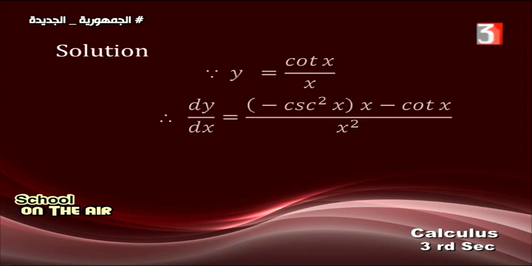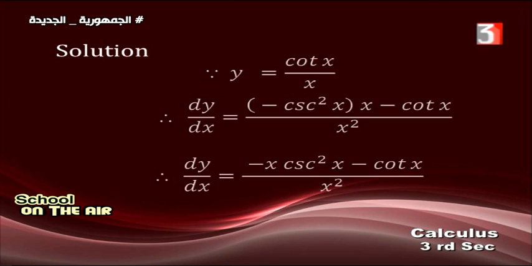Yes, dy/dx equals the derivative of cotan x, which equals negative cosec to the power 2 x, multiply x, minus the derivative of x, which equals 1, multiply cotan x, all over x to the power 2. In the simplest form, dy/dx equals negative x cosec to the power 2 x minus cotan x, over x to the power 2.